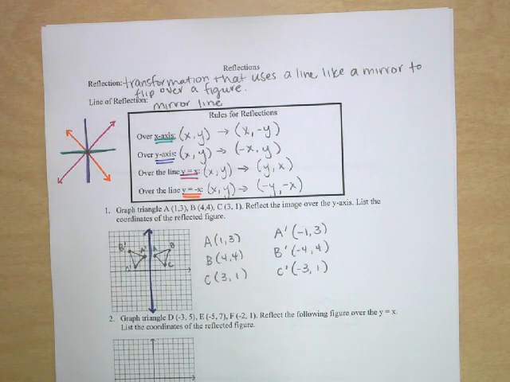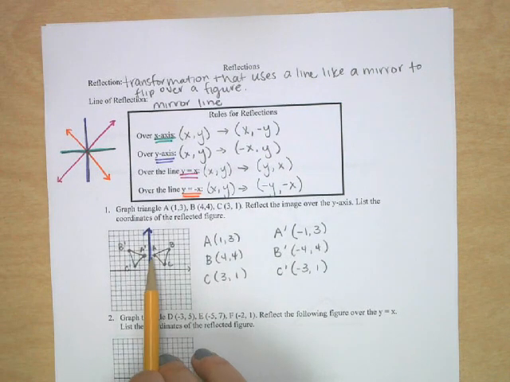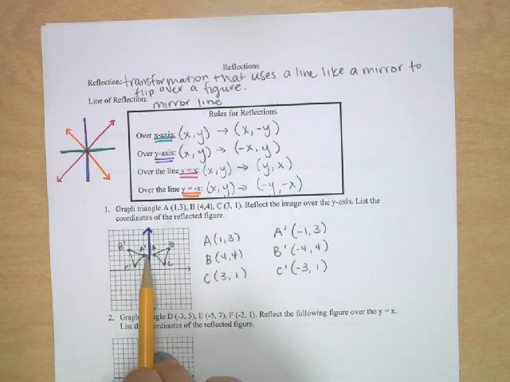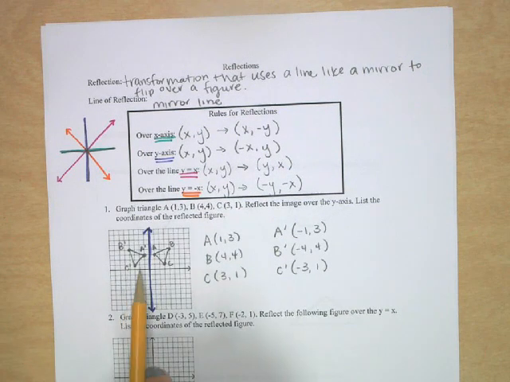Since it's in the mirror, it's not making it bigger or smaller. So if you have a triangle that is now a different size triangle, you know you made a mistake there. And then they should be the same distance away from this line. So here it's 1 space away from the line. Here it's 1 space away from the line. Here it's 3 spaces away. Here it's 3 spaces away. So each point is going to be the same distance away from that line of reflection.